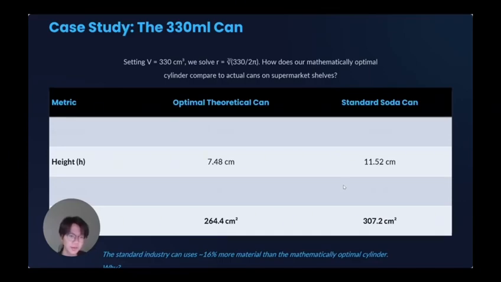The total surface area rises to 307.2, which uses around 16% more aluminum than our mathematical ideal model. And this focuses on a very difficult situation.